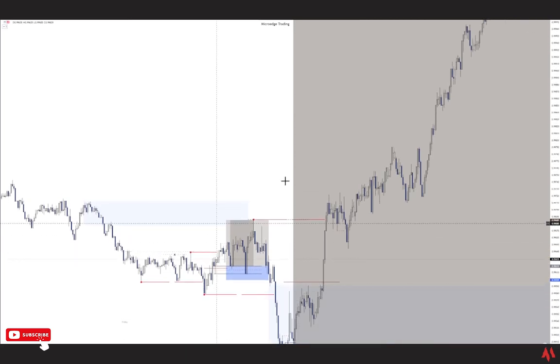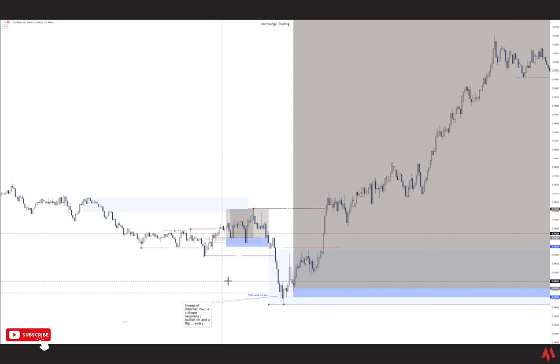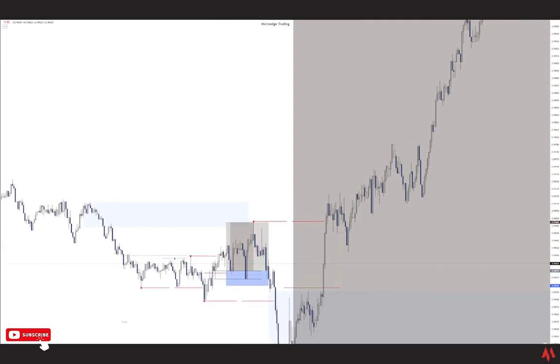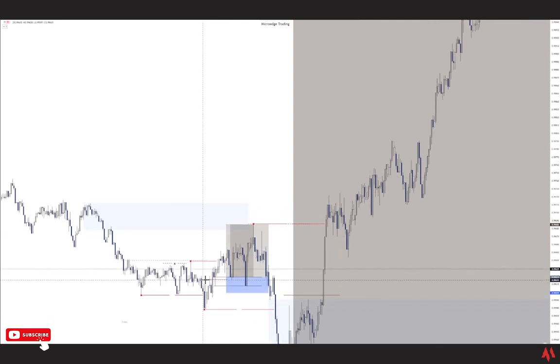So going over this lost trade, we can see this was our 15 minutes change of character that we got. 1 minute flipping bullish, then checking our pricing, and that 1 minute leg leaves us with our discount pricing over here, and we took our limit entry off this last mitigation.